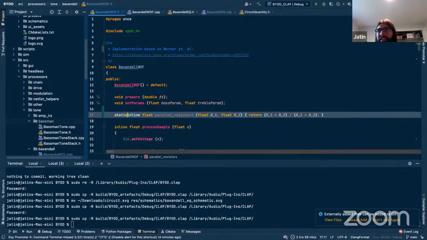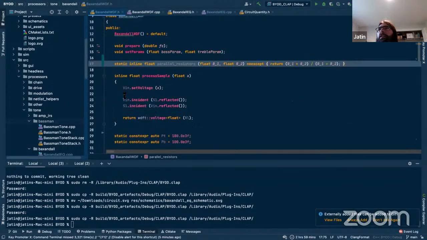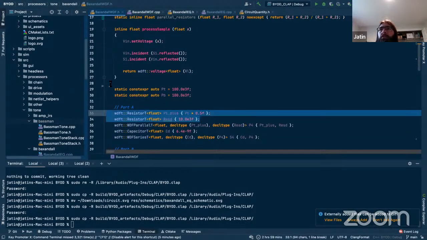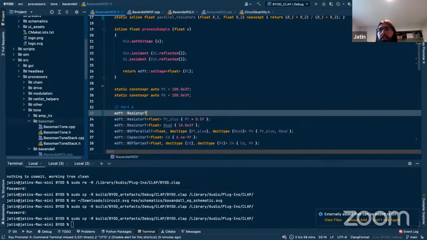So it's static, inline, and whatever. Basically I want to combine these two resistors. So I want to have a new resistor that is PT plus in parallel with ResD.